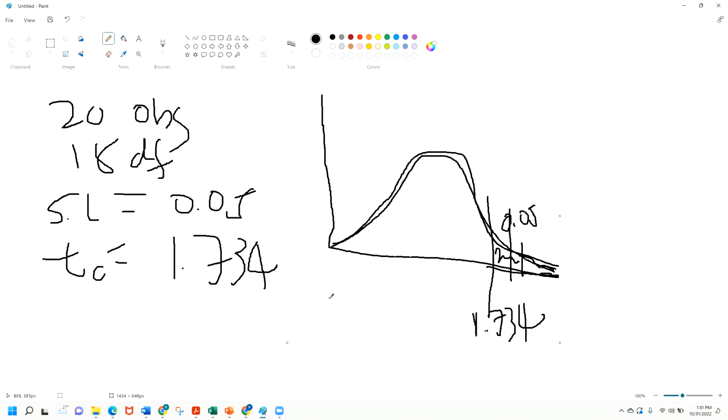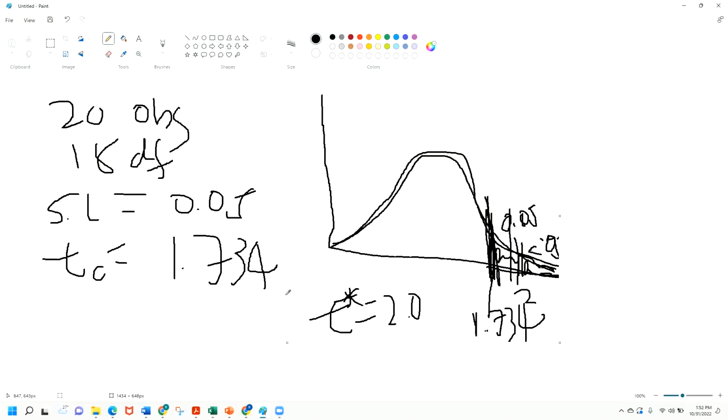If you have a computed T in your experiment that's, for example, 2.0, you know that 2.0 is to the right of 1.734, and of course the probability of anything higher than 2.0 is less than 0.05, because 0.05 is already way up to the left of 2. So you know that this area is less than 0.05. All right, that's what it means.